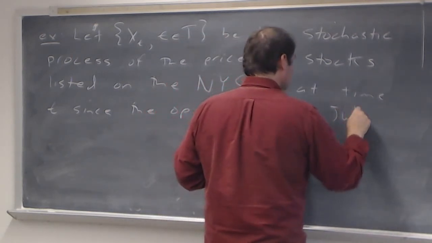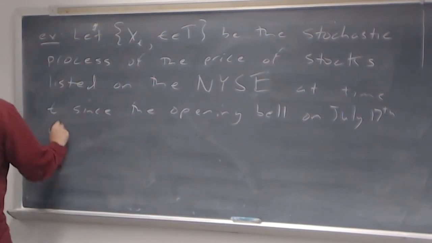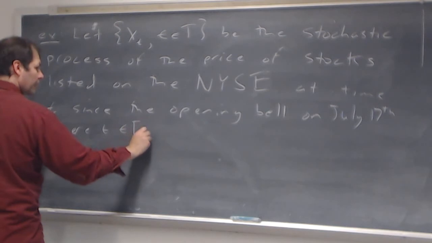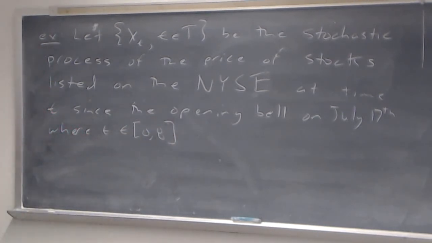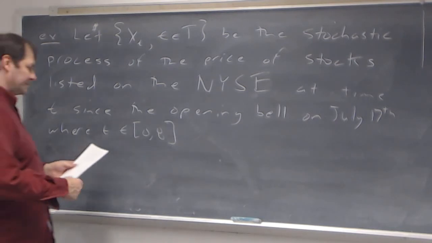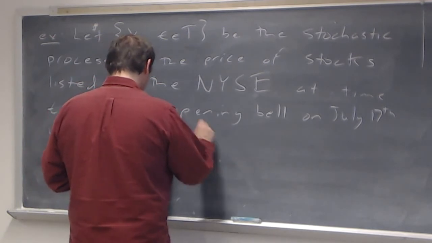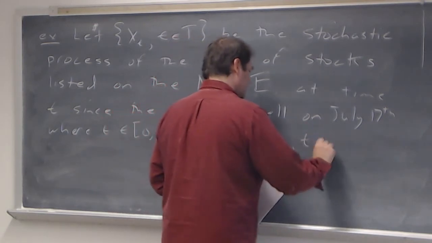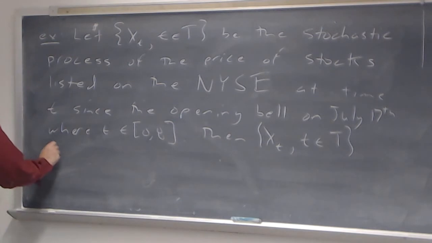On July 17th, where t is from 0 to 8. That's any number in between 0 and 8. I'm thinking that the stock market's open for 8 hours, so t is representing the time since the opening bell, in hours. Then X sub t, t an element of big T, is a continuous time process.